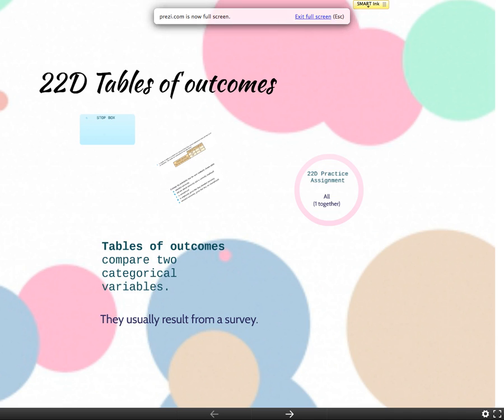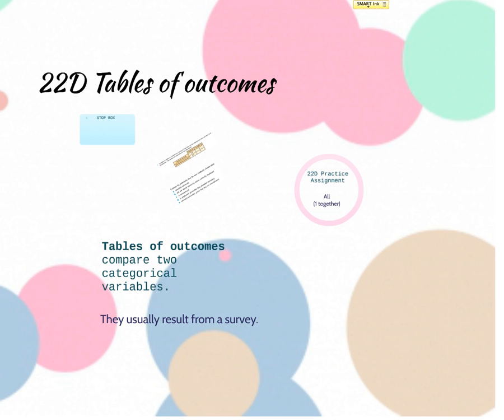So 22D is all about tables of outcomes. Tables of outcomes. We are going to have a stat box.